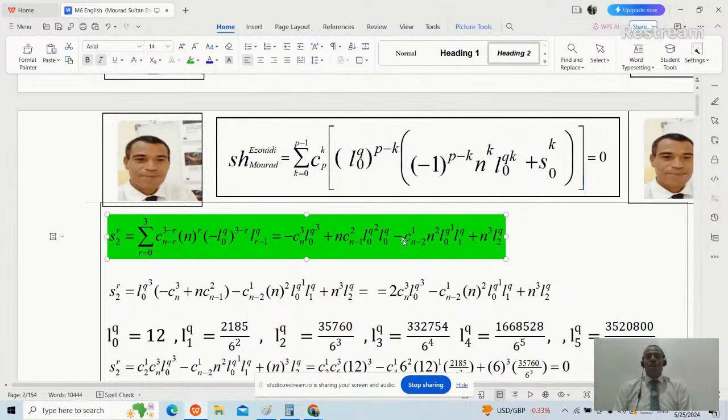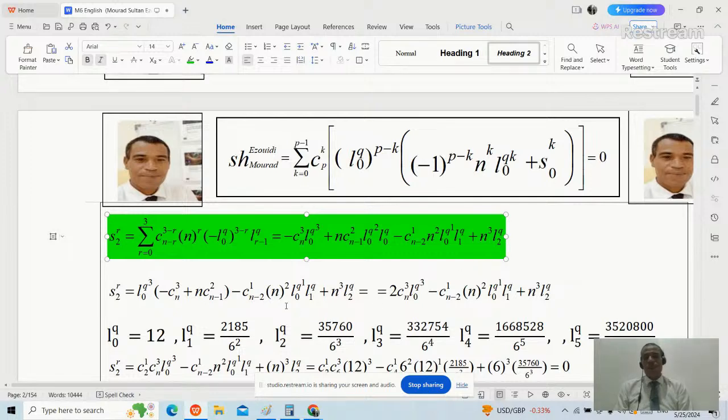Then, when r equals 2, you substitute n minus 2, and 3 minus 2 is 1, so it will be negative combination n minus 2 choose 1, n squared L0 of q times L1 of q. When r equals 3, it will be n minus 3 choose 0, which is 1, so it is not written. Then n raised to the power 3, and this one will be 2, so it will be n cubed L2.